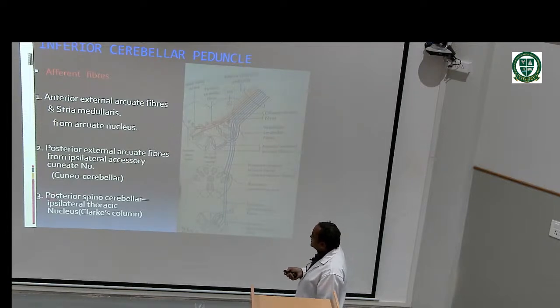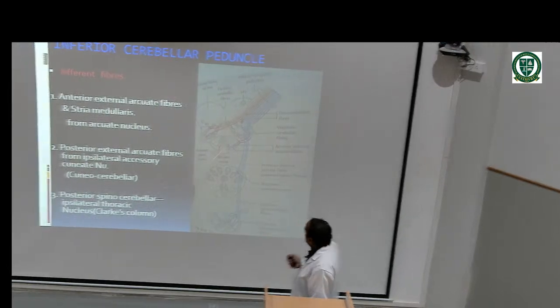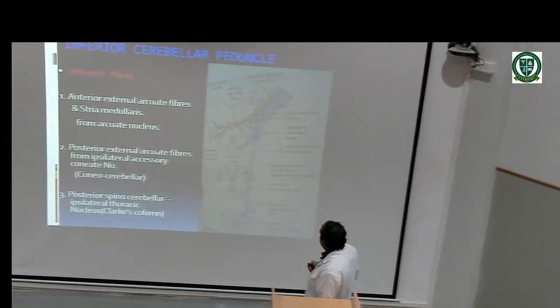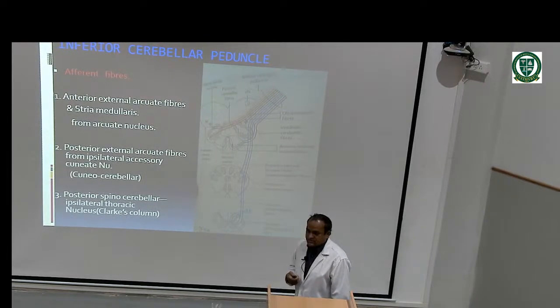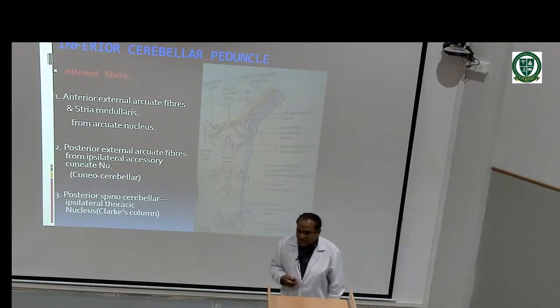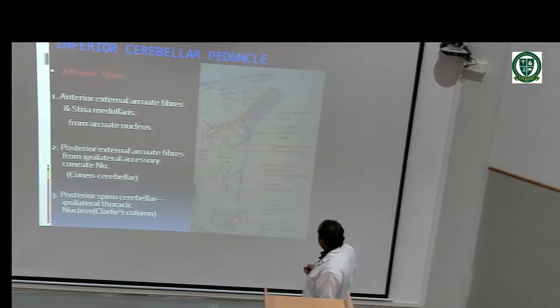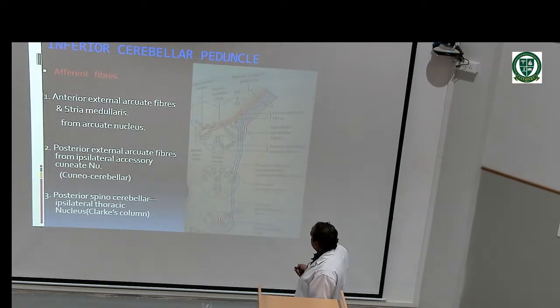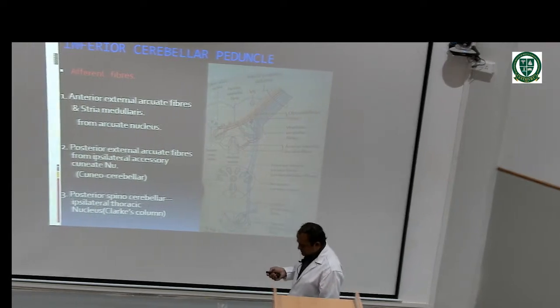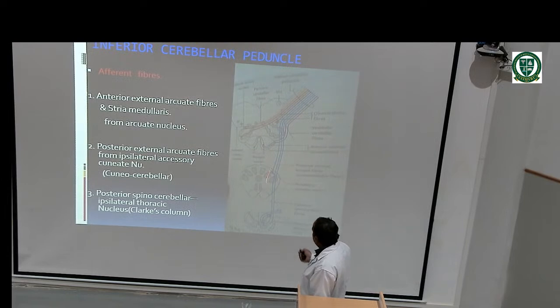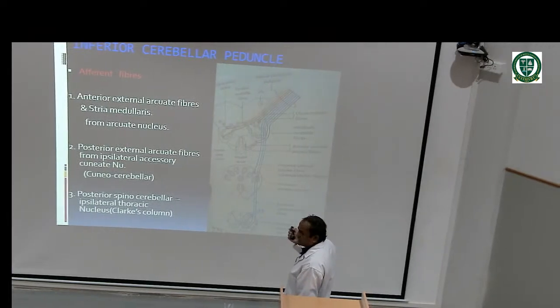Next, the third one is the posterior spinocerebellar tract. Spinocerebellar means they arise from the spinal cord. From the spinal cord, they ascend upwards, join the inferior cerebellar peduncle and enter the cerebellum.